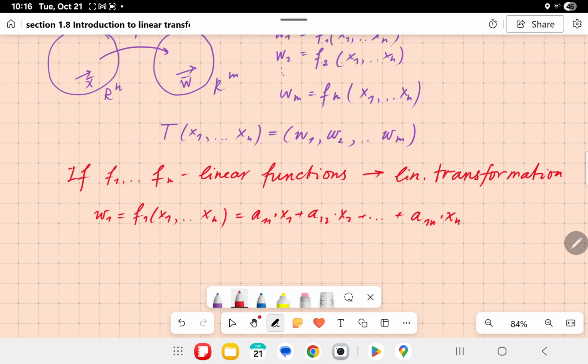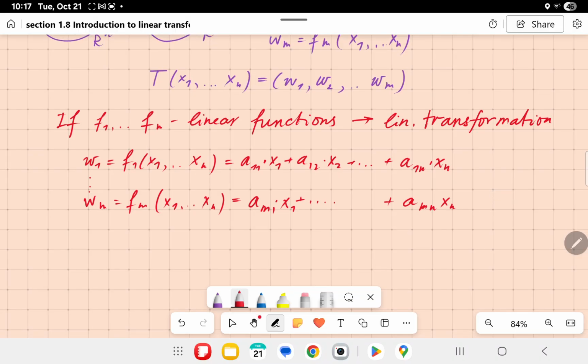We have first powers of x, right? And we have constant coefficients a11, a12, a1n. And we can have all of these functions linear. And then we are going to have a so-called linear transformation. And the last one is amn xn. So this is going to be a linear transformation.